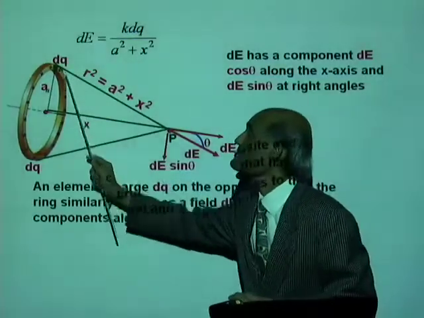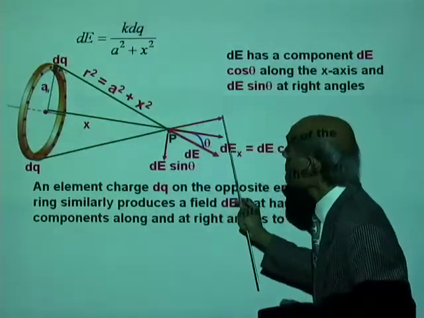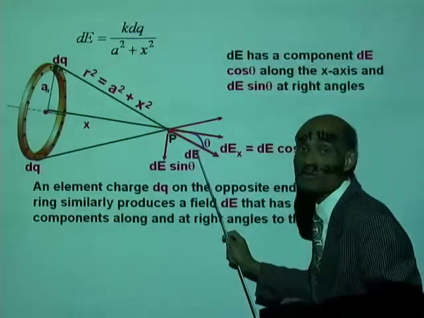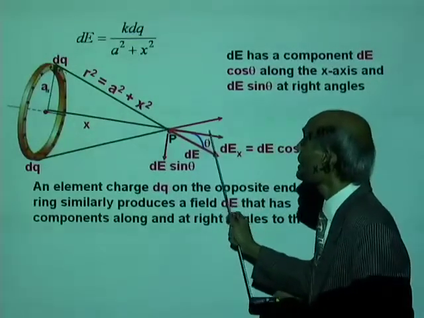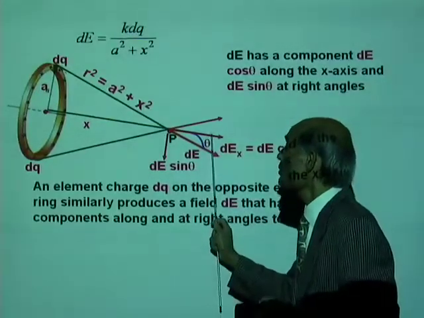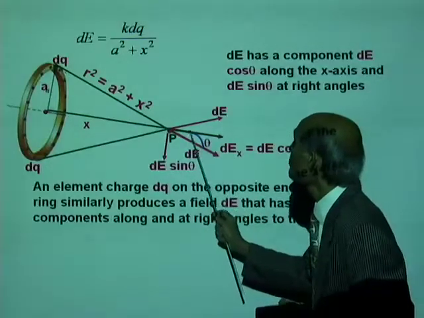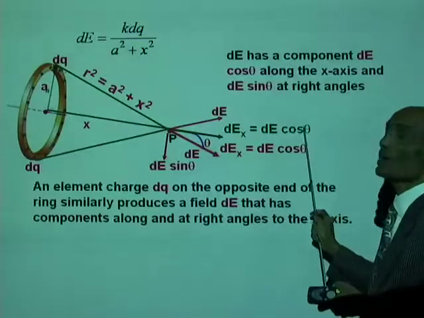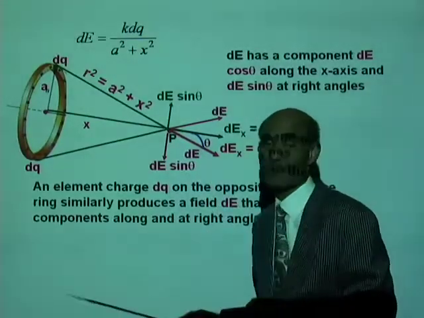A similar element of charge dq will produce an electric field of the same magnitude but directed at an angle theta with the positive x-axis. If this is a negative angle, that will be a positive angle. This dE will have an x component, dE cos theta, and a y component, dE sin theta.